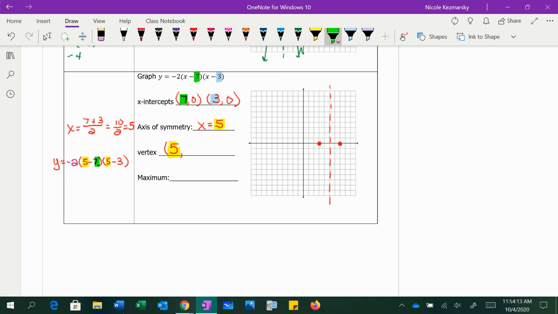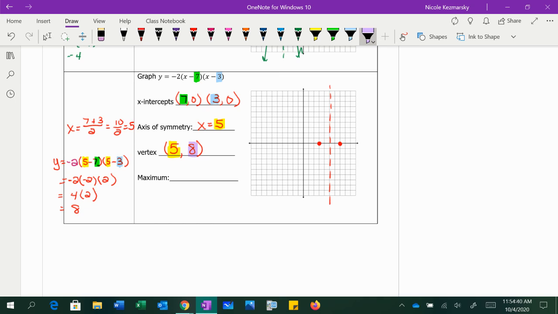The 7 and the 3 came from my x-intercepts. So searching for that y value, I've got -2 times (5 minus 7) is -2. 5 minus 3 is 2. -2 times -2 is +4. And 4 times 2 is 8. So I get the point (5, 8).